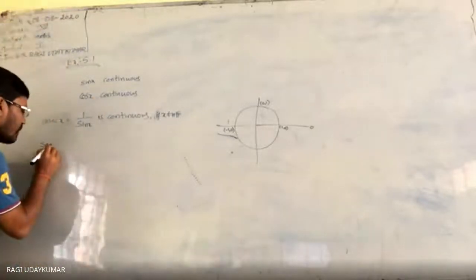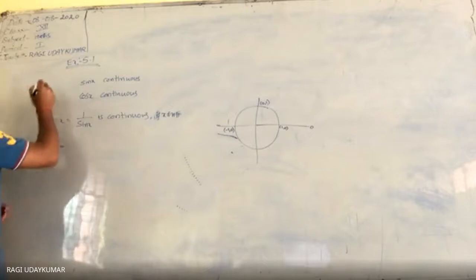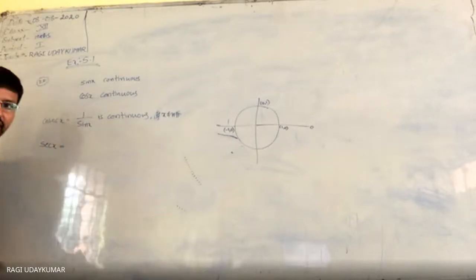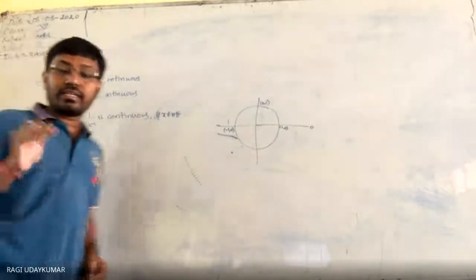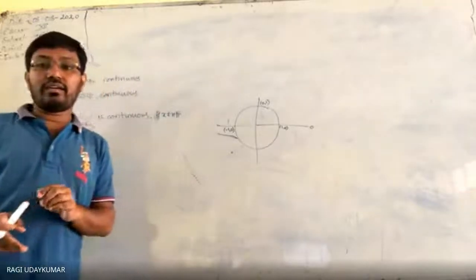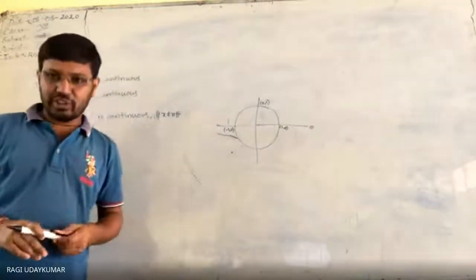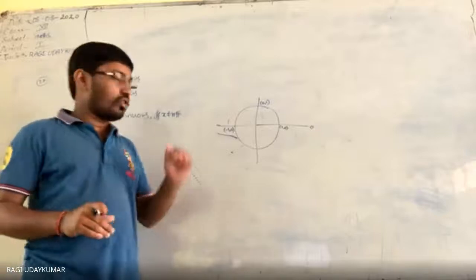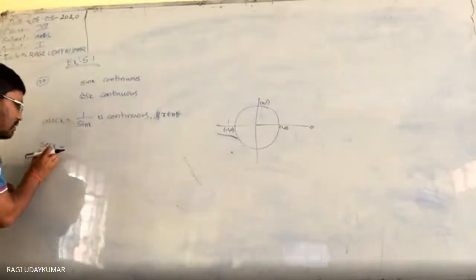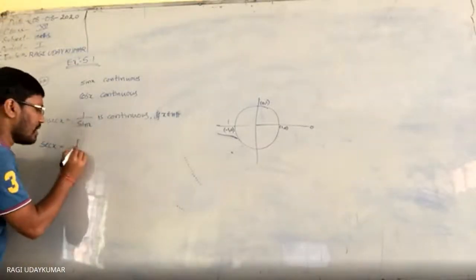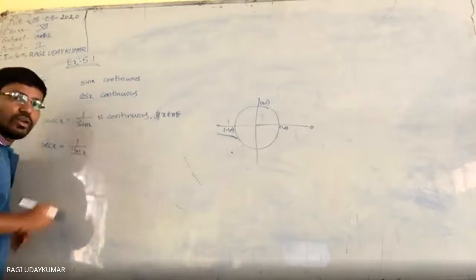In the same way, take secant x. This is the 22nd problem: discuss the continuity and discontinuity of the remaining trigonometric functions. Secant x can be written as 1 by cos x.